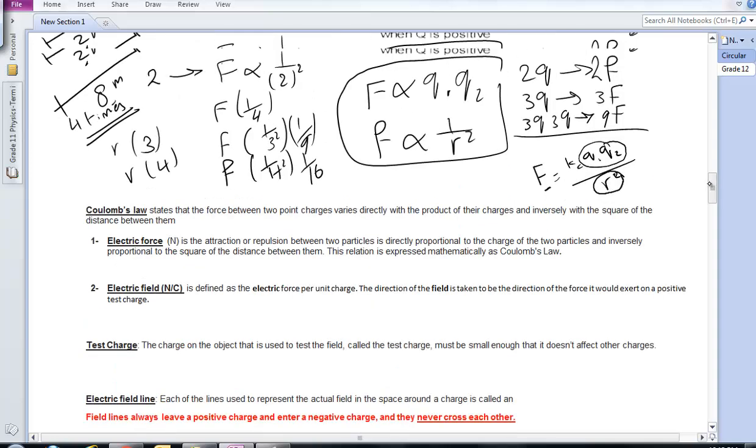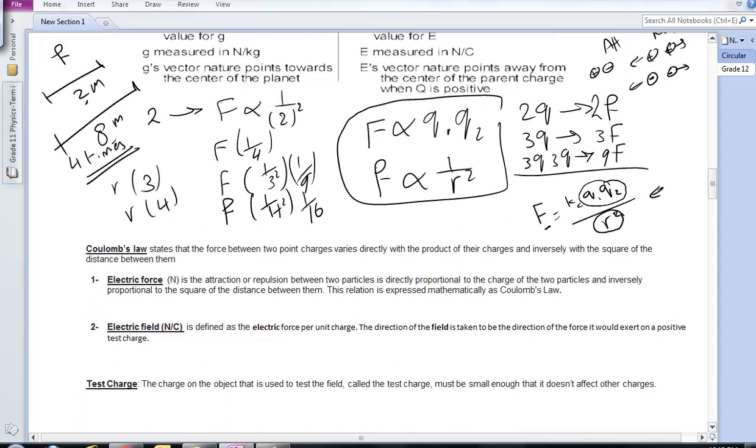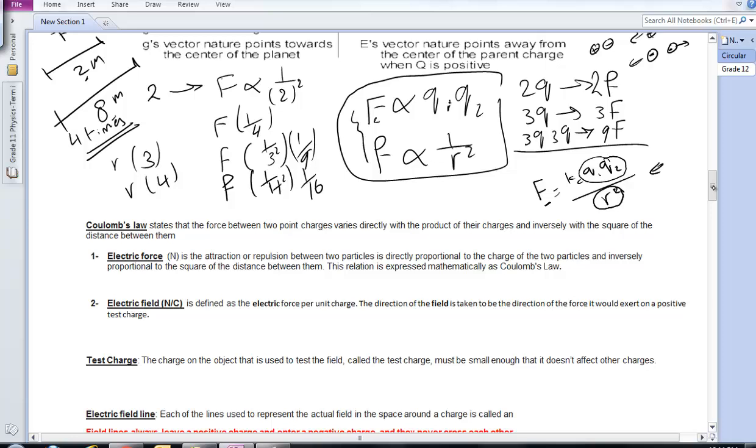So you are just translating the law in words. The electric force between two charges is directly proportional to, or varies directly with, the product, because this is multiplied, so the product of the charges, and inversely proportional to the square distance between the charges.